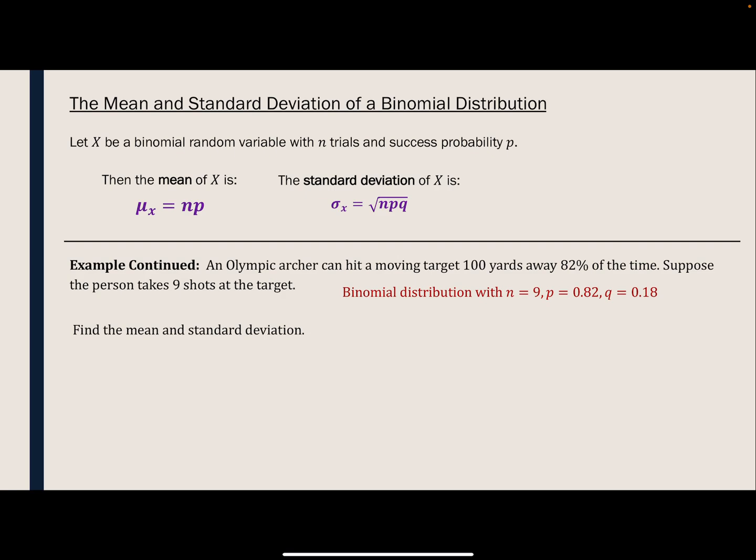For the binomial distribution, the formulas for finding the mean and the standard deviation are very easy. The mean is just the number of trials times the probability of success, which makes sense. If I'm rolling a die 3 times, what's the probability that I'm going to get a 6?